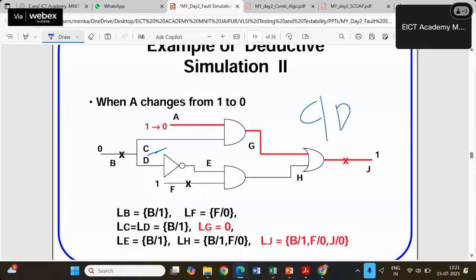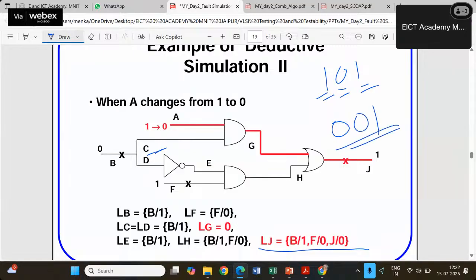Fine. So the next one is the concurrent fault simulation technique. What was the benefit? First of all, we have detected all three faults altogether by changing the test pattern. Instead of 101, where 1 is the A value, then the B value, then the F value, we will be using 0, 0, 1. Using this test pattern 001, I am able to detect all these three faults, right?